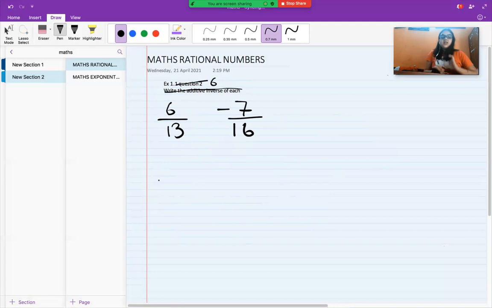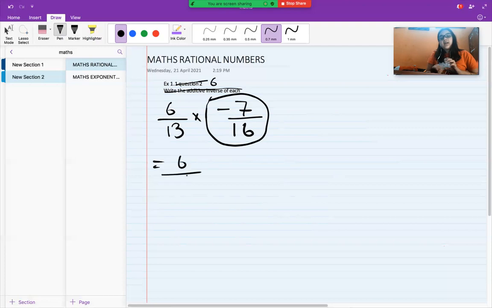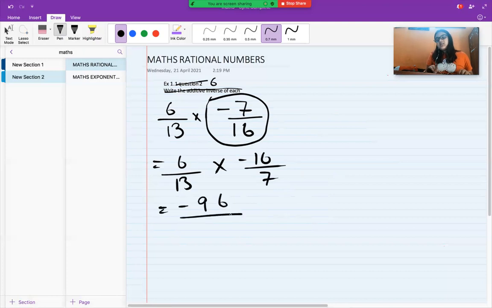So it says that we need to take the reciprocal of this and multiply by this. So it will be 6 by 13 into minus 16 by 7. So it will be minus 96 by 91. So this is the answer.